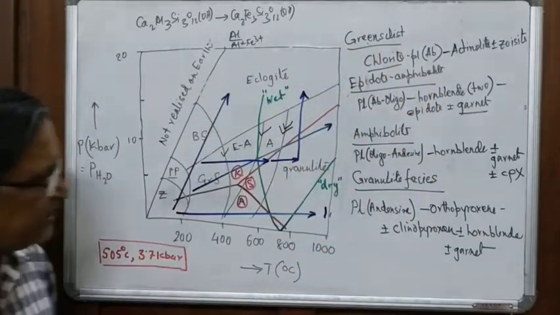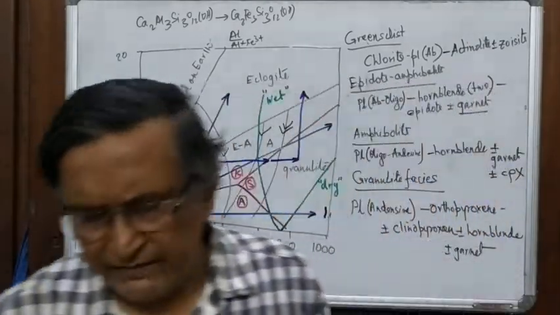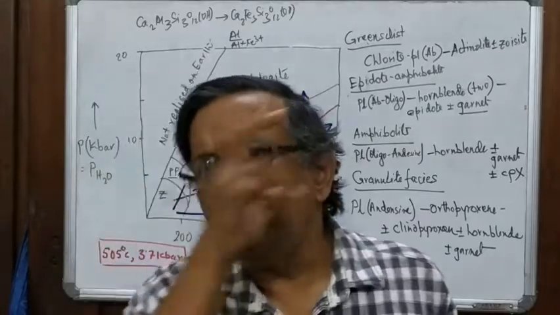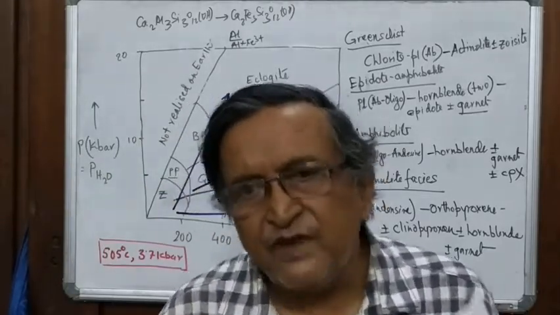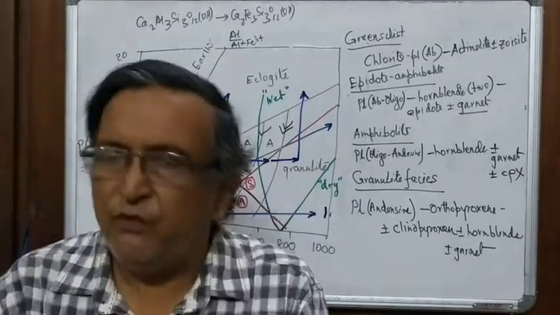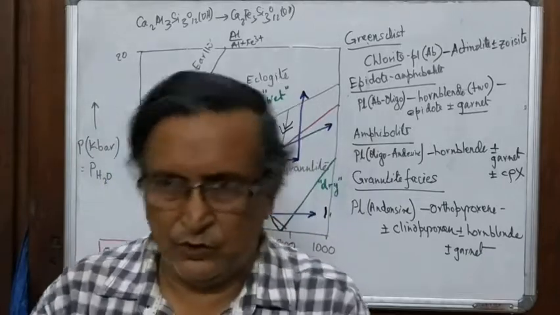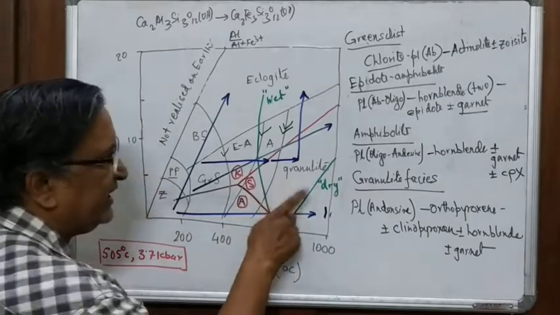But one mineral that needs to be studied in great detail, and we will do that, is amphiboles. People have a lot of difficulty in trying to understand amphiboles. So first, we will take up the case of amphiboles.